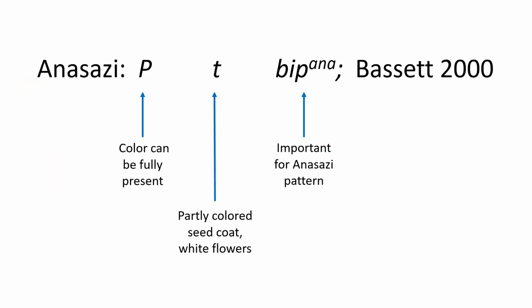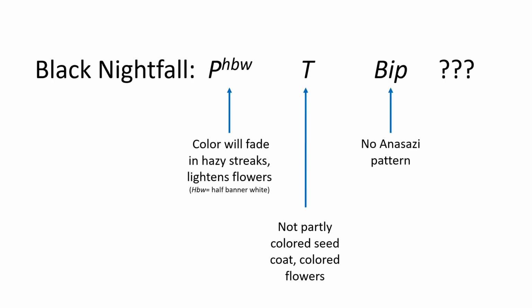So again, in Anasazi, the idea is that we have these two mutations in T and BIP. T is wild type, and then we have a mutation in the P gene, partial loss of function, whereas the other two genes are wild type in Black Nightfall.